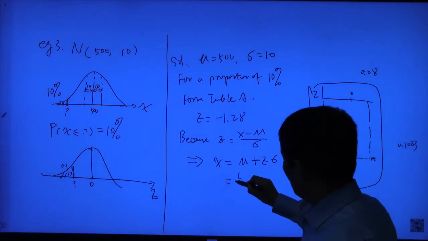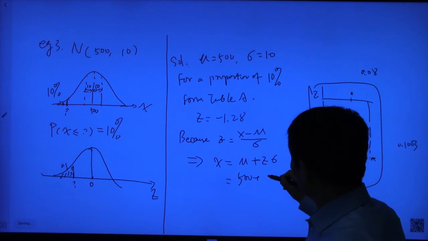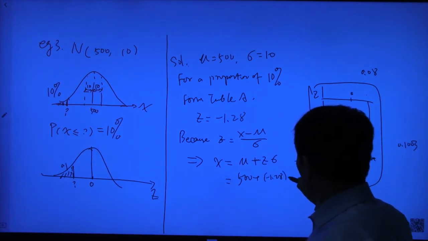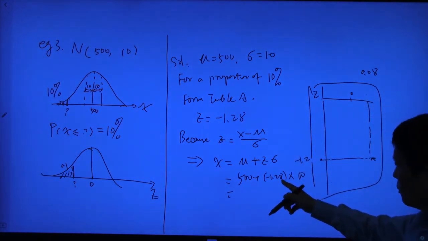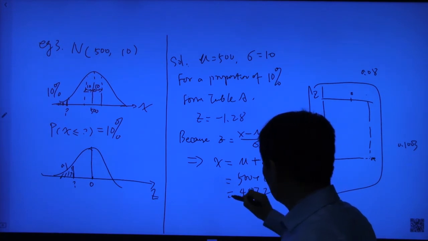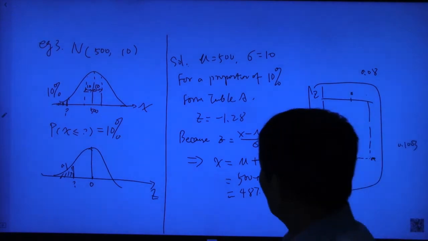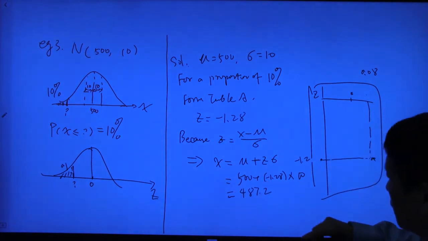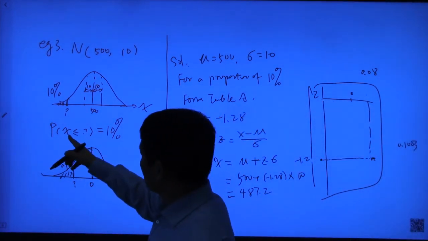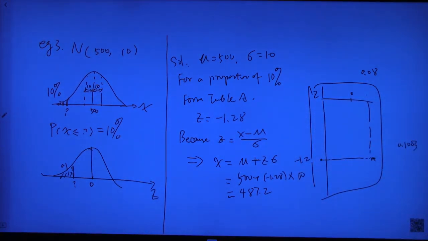So this equals 500 plus negative 1.28 times 10, which is negative 12.8, giving 487.2. Then that's the solution, because we are looking for x, so this proportion equals 10%. That's it.